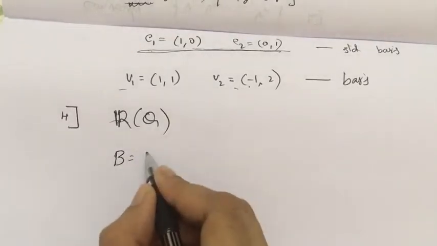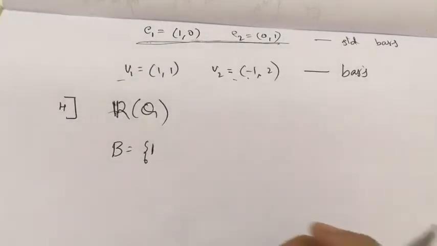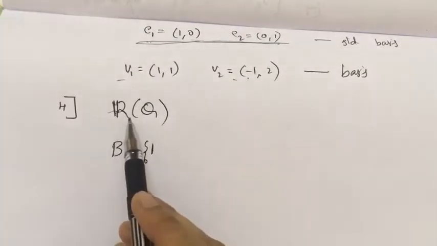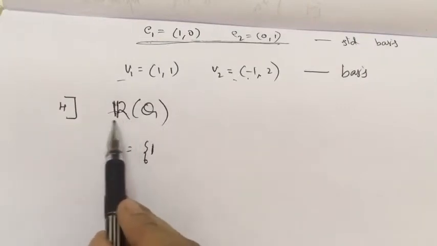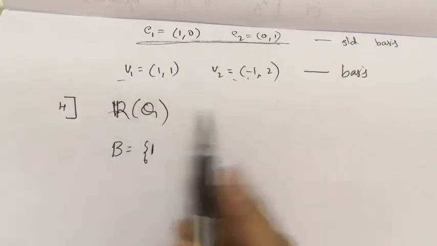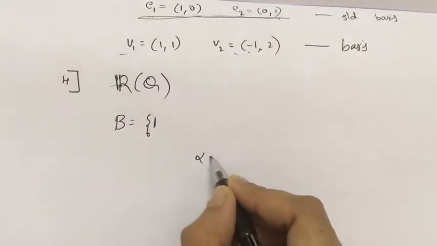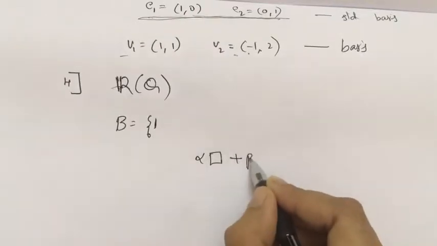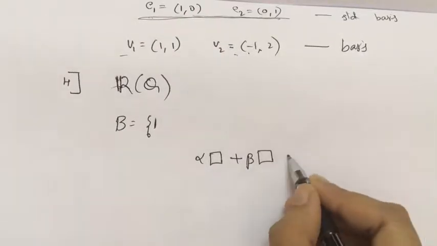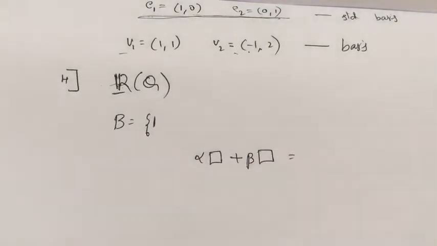This is my basis set, suppose. I'll add 1. Now, R is defined over Q, right? I should get all the real numbers as alpha into something along with, say, beta into something. I should get the real number which belongs to R, right?